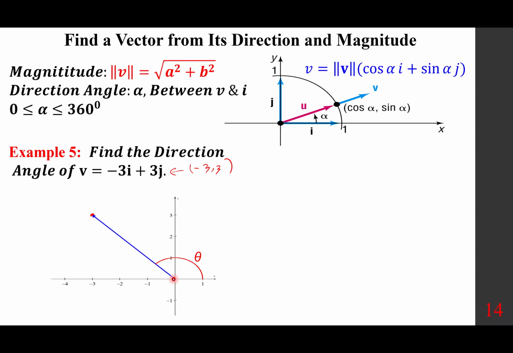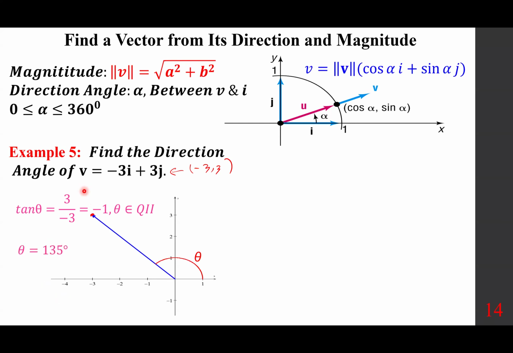Tan theta is y over x. We've seen this many times before, and we are in the second quadrant. It's -1. And as you know, theta is negative pi over 4 or negative 45 degrees. And you add 180, you get 135 degrees.